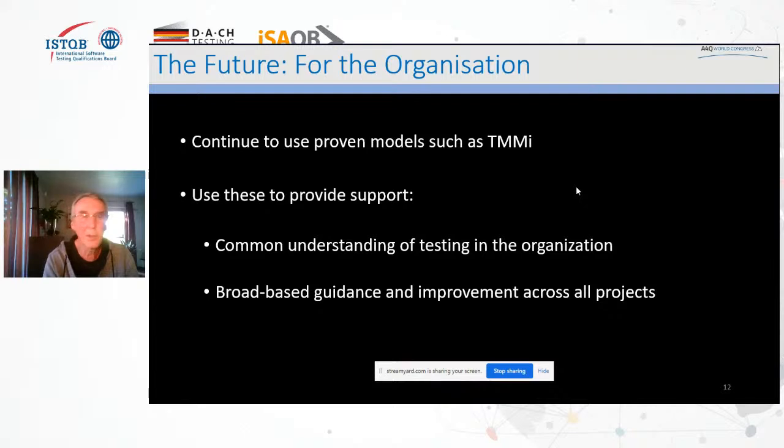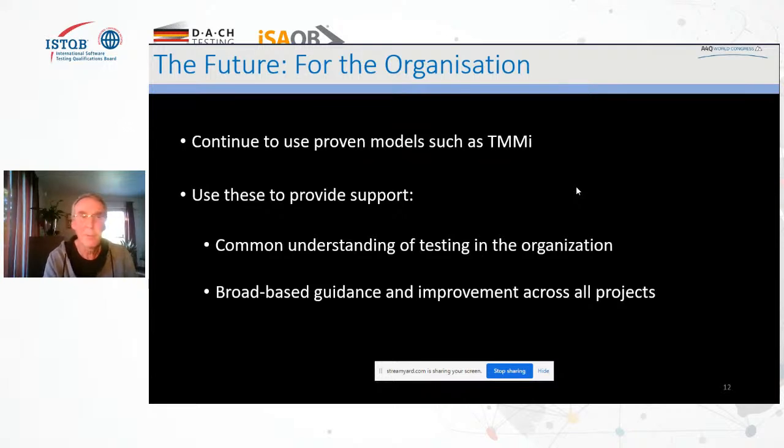Now, the organization means any kind of entity in your company that is responsible for more than one project. So there'd be a collection of projects, and under those circumstances, it makes sense to try and develop some kind of overarching view of how to develop and test software.